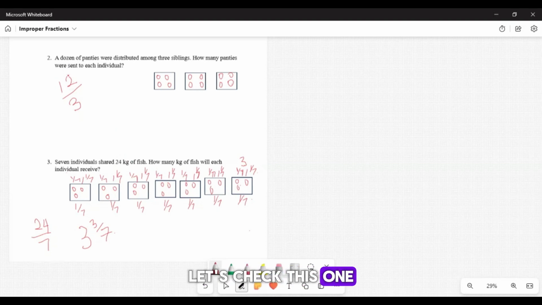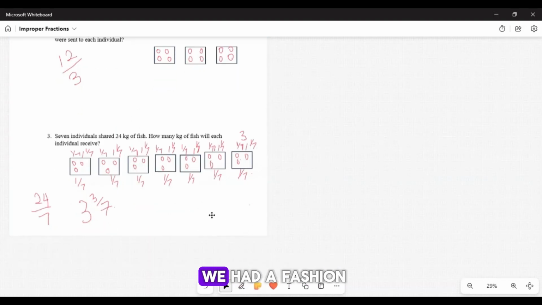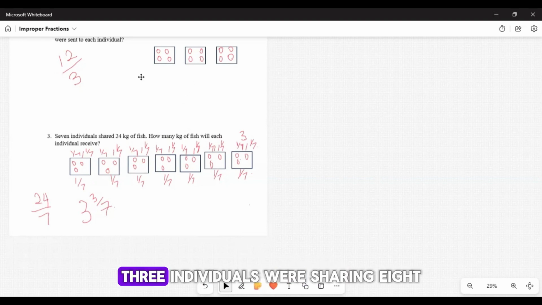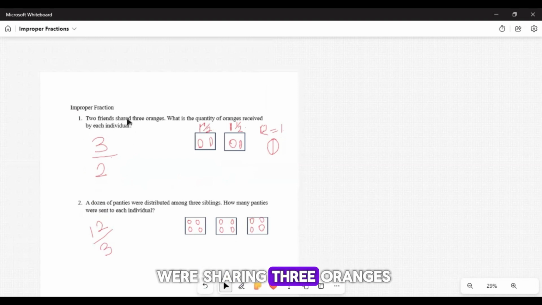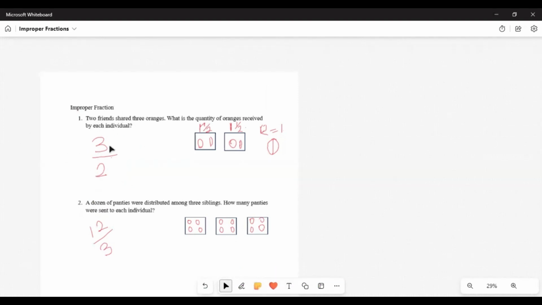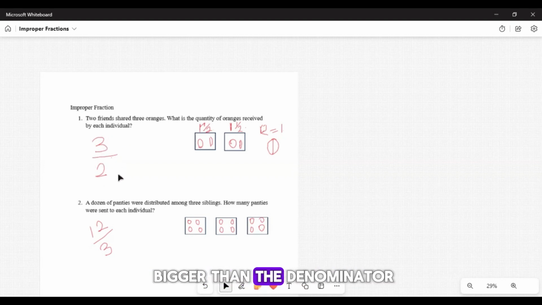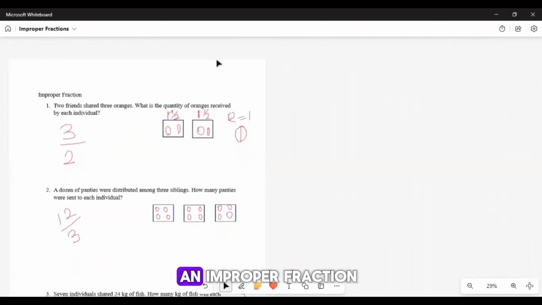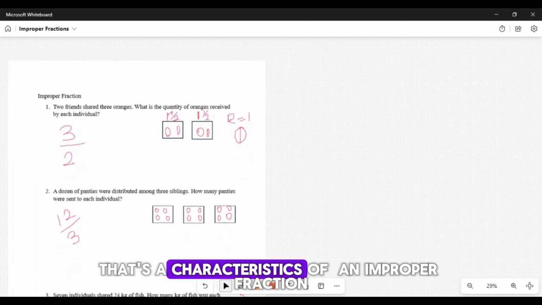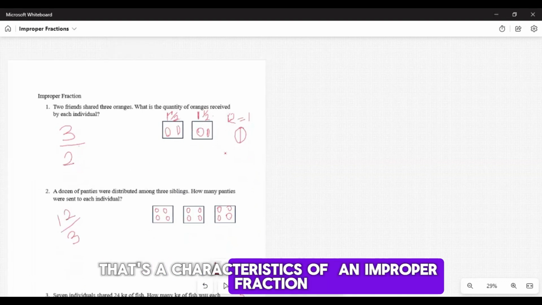Let's check with the first one: 2 friends were sharing 3 oranges. The numerator is bigger than the denominator. And that is the characteristic of an improper fraction.